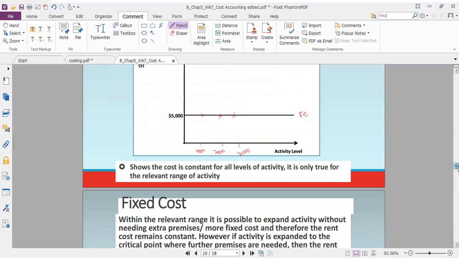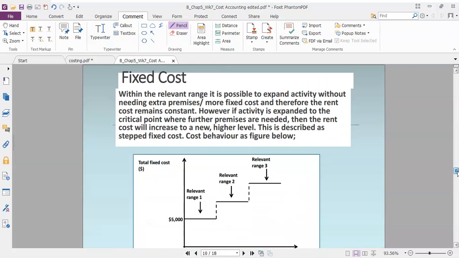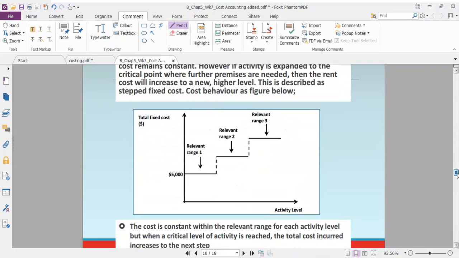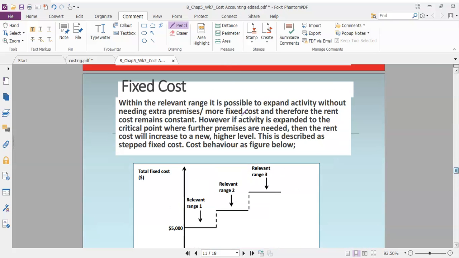Okay, yang kedua, ni apa? Ni pun okay, kalau dekat sini dia kata step cost tu maybe semi fixed cost within the relevant range. It's possible to expand activity without needing extra permits.